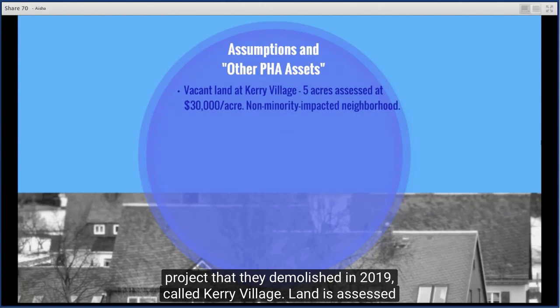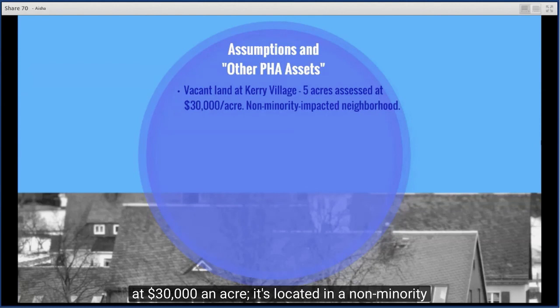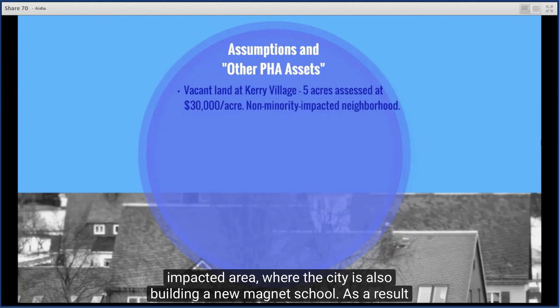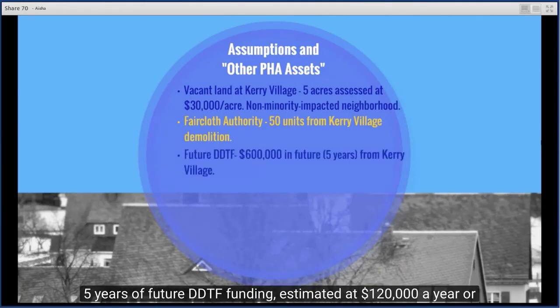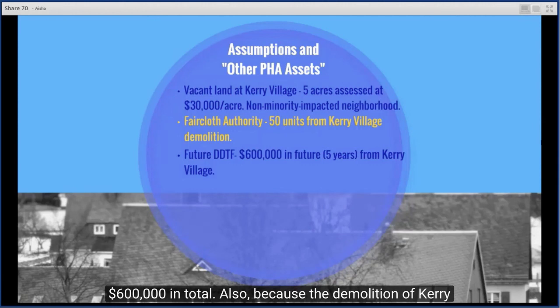The land is assessed at $30,000 an acre. It's located in a non-minority impacted area where the city is also building a new magnet school. As a result of the demolition of Cary Village, the PHA has 50 unused Faircloth units and has 5 years of future DDTF funding, estimated at $120,000 a year or $600,000 in total.